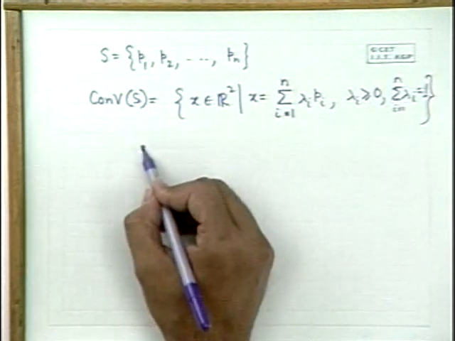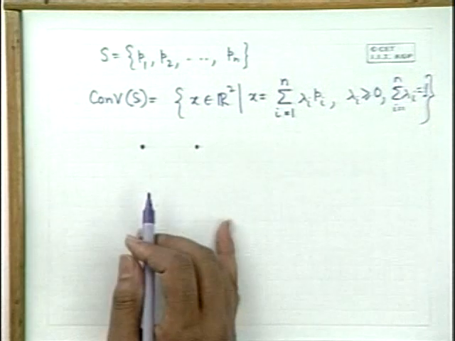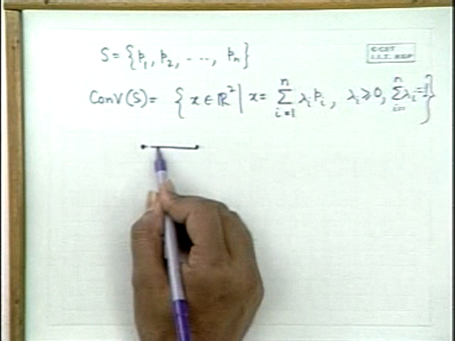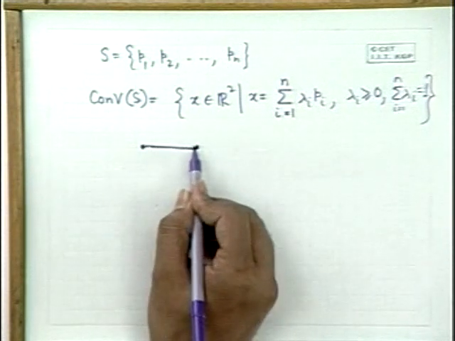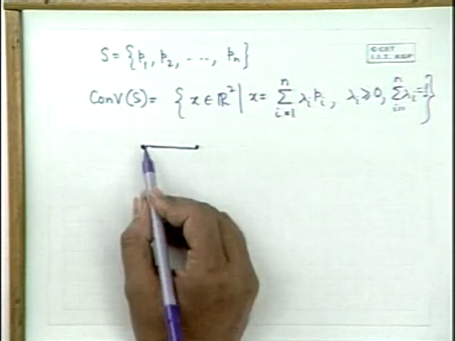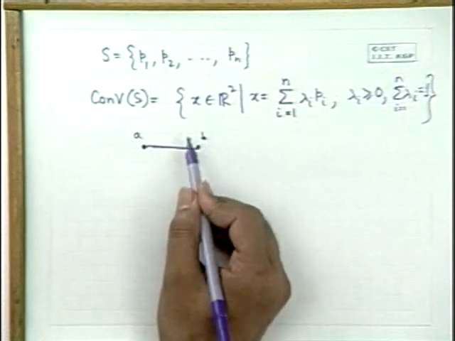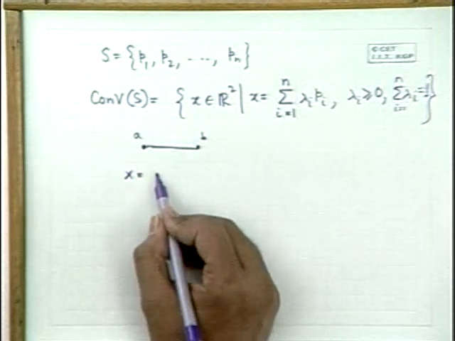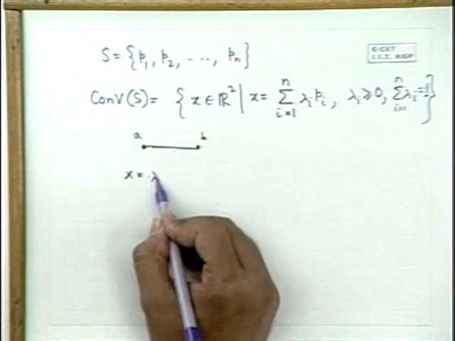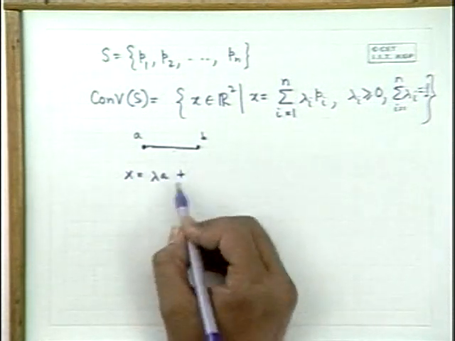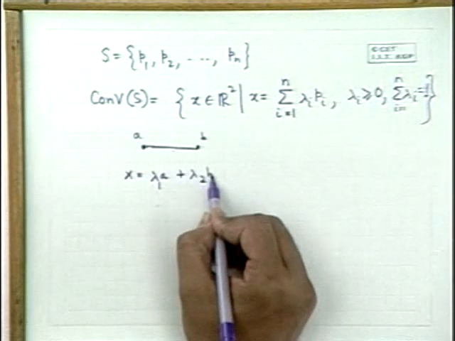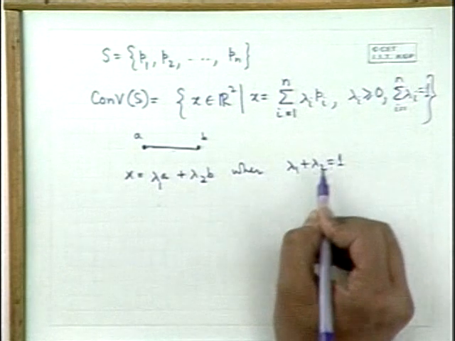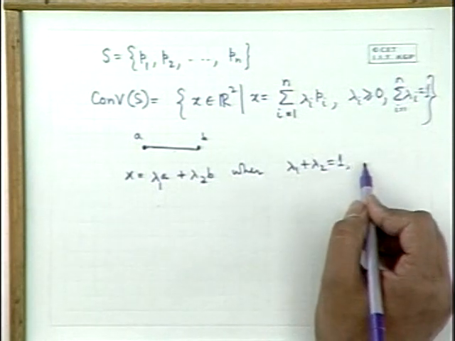So if there are 2 points, what is the convex combination of these 2 points? It is nothing but all the points lying on the segment joining them. If there are 2 points, say A and B, any point X you can write as lambda 1 A plus lambda 2 B, where lambda 1 plus lambda 2 is equal to 1 and each lambda I is greater than or equal to 0.